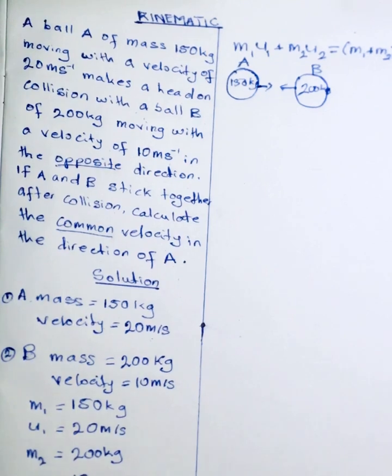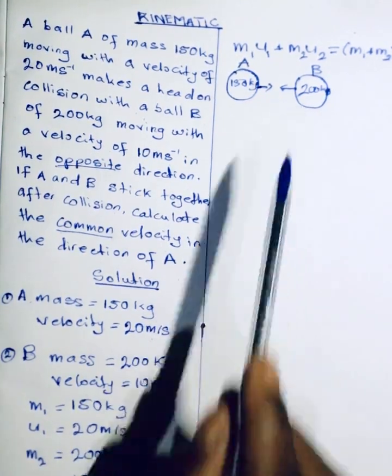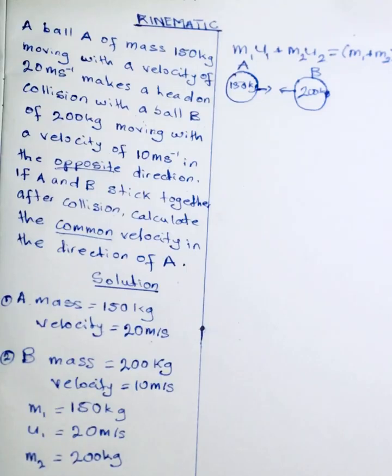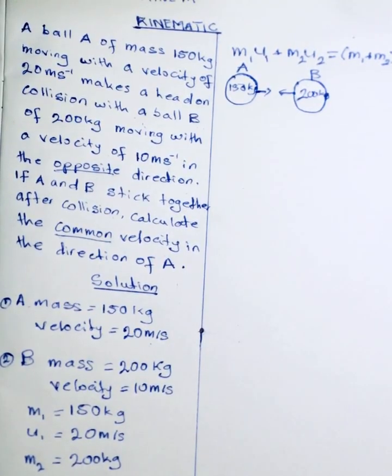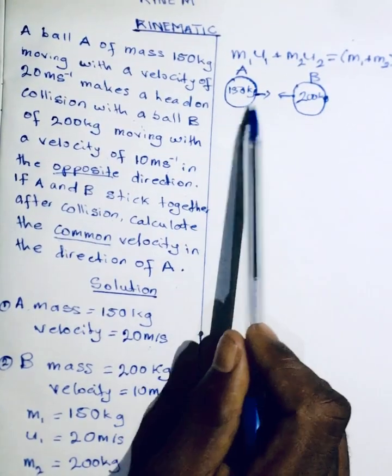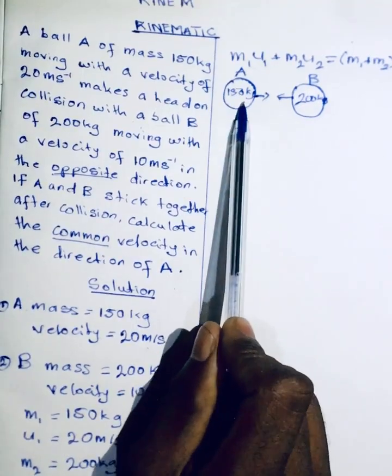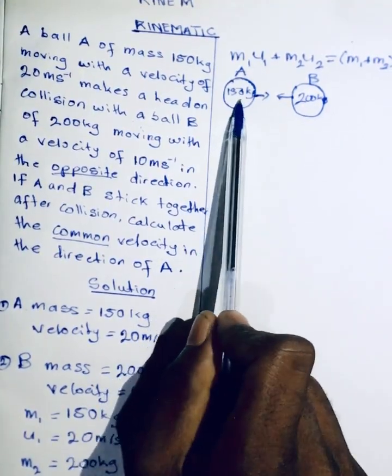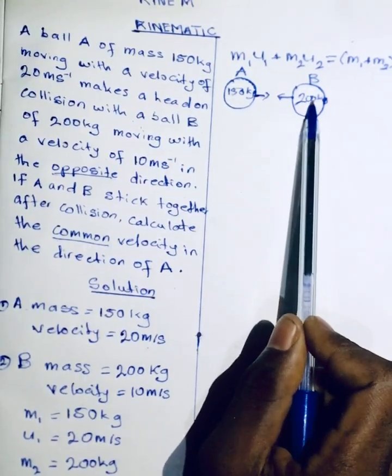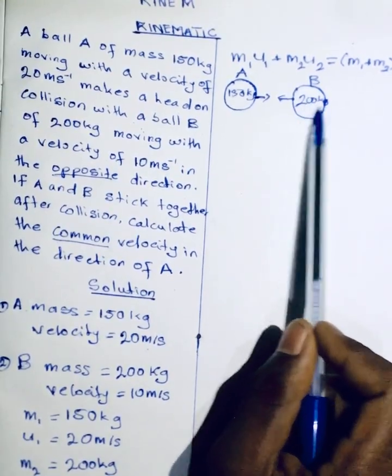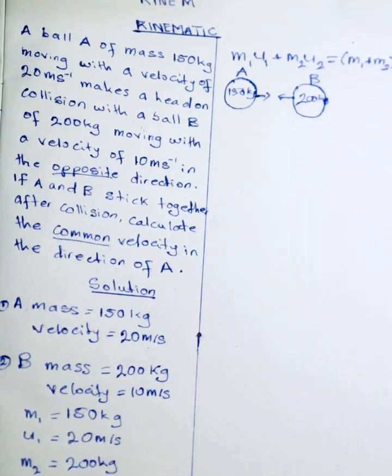When something is moving and another is in the opposite direction, one must be negative. The one in the opposite direction must be negative, so the 200 kilogram body going this way will be negative.